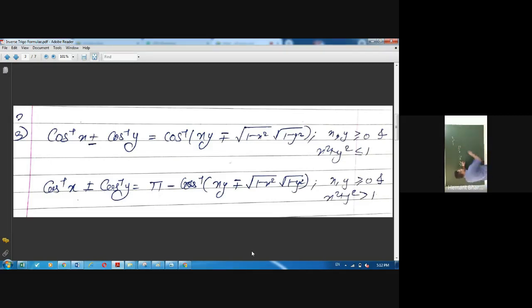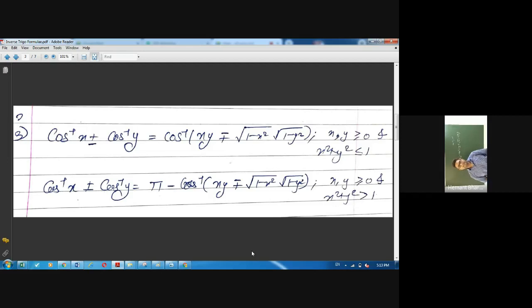Here if it is plus, then it will be minus over here, and if it is minus, then it will be plus over here, into under root of 1 minus x square into under root of 1 minus y square. Again, this is for when x square plus y square is less than 1. If x square plus y square is greater than 1, then you just have to subtract this term from pi. Similar thing we have done in sine also.